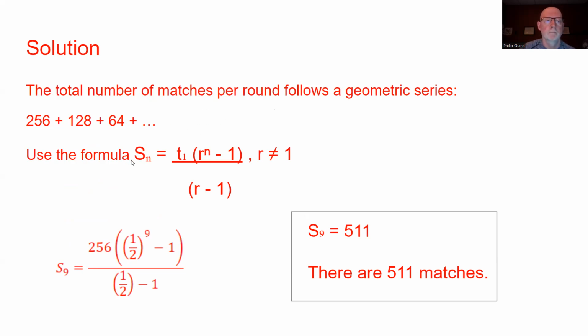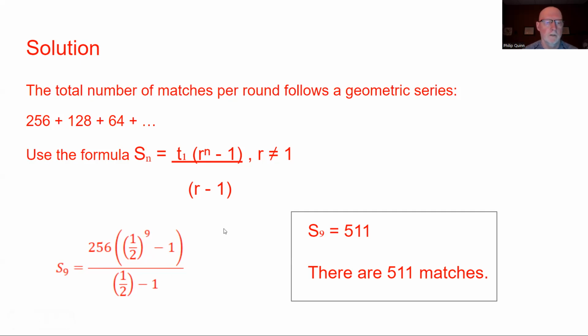So we'll use this formula. We substitute the sum of 9 rounds because n is 9. We found out n was 9. Sum of 9 rounds. 256 in brackets. 1/2 is the common ratio to an exponent of 9. Right? n is 9. Minus 1, all over 1/2 minus 1.